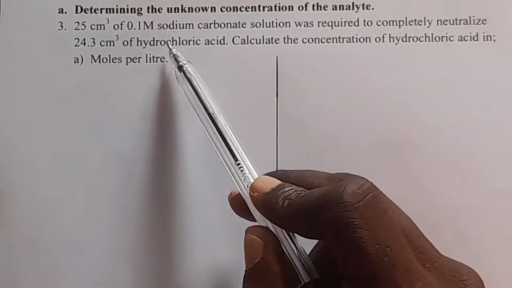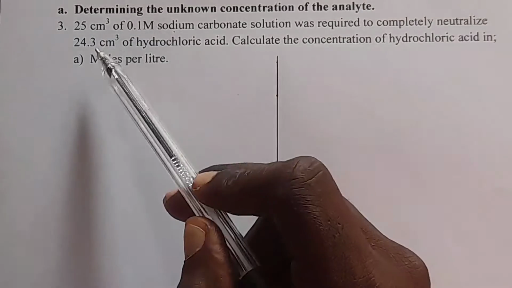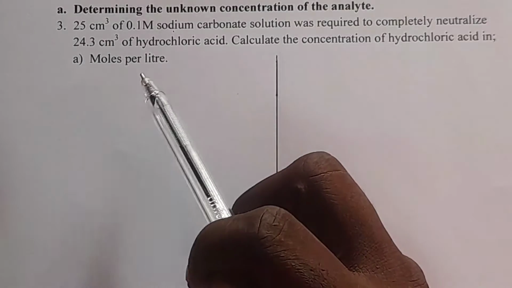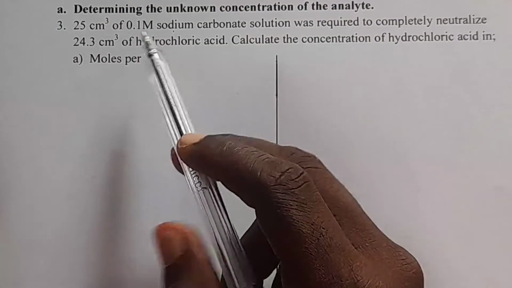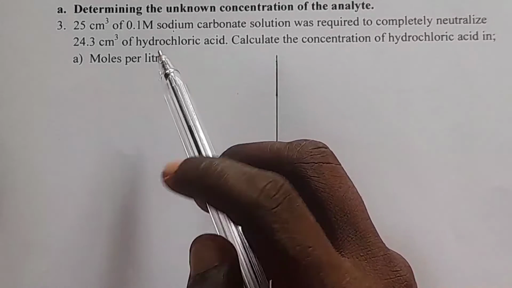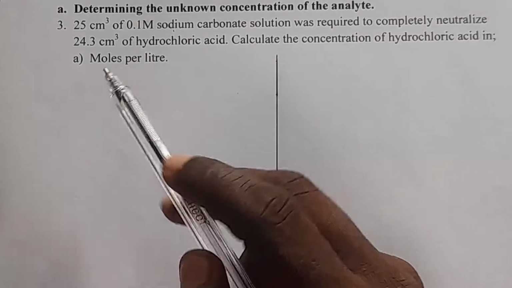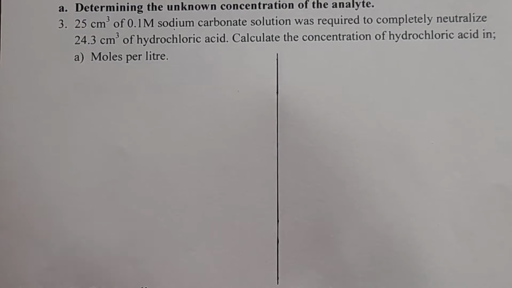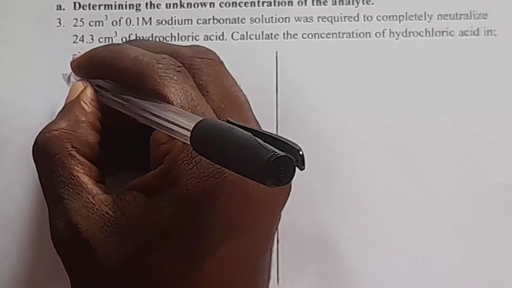Hydrochloric acid is our analyte because we have only the volume. Here we are not going to calculate the molarity because we have already been given the molarity of the standard solution. So our first step will only start with the number of moles of the standard solution.